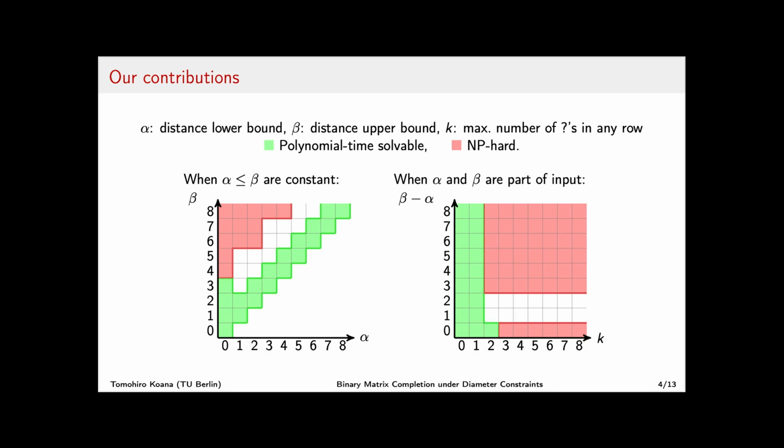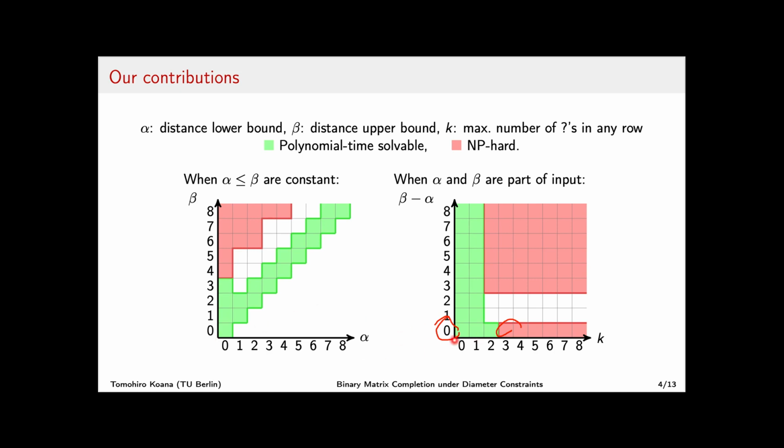On the other hand, when alpha and beta are part of the input, then we showed that even if alpha is equal to beta, meaning that beta minus alpha is equal to 0, and when the number of missing entries is 3, the diameter matrix completion becomes NP-hard.